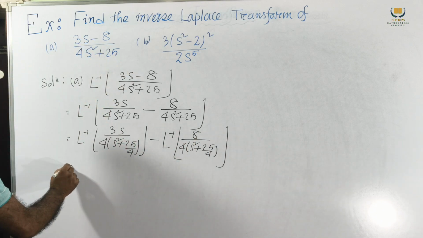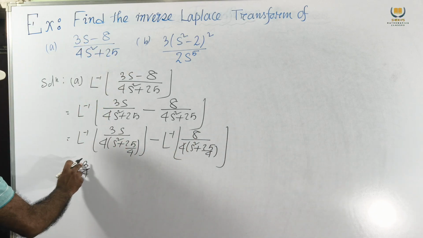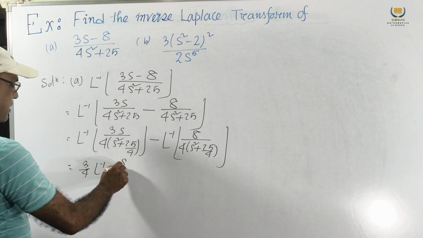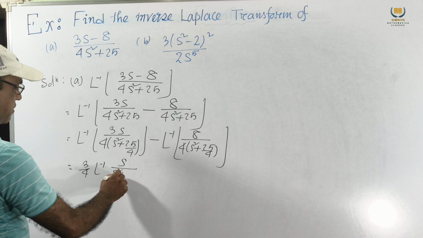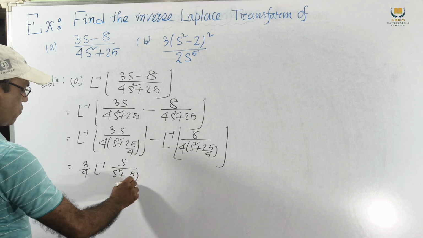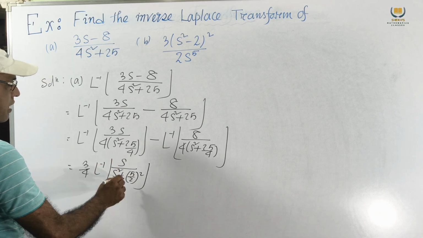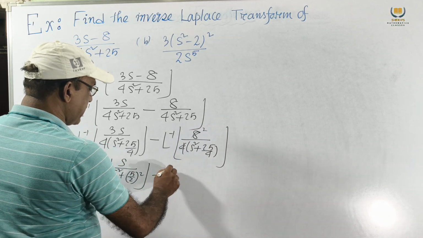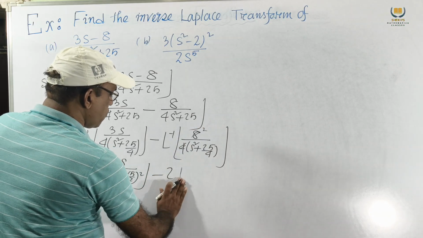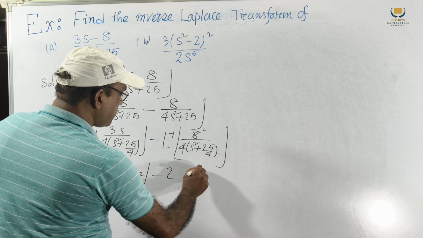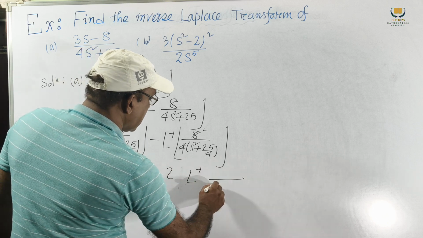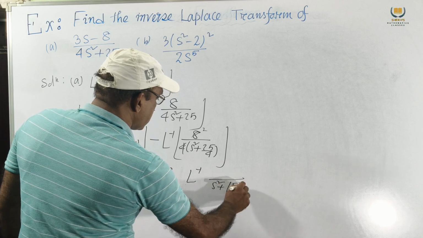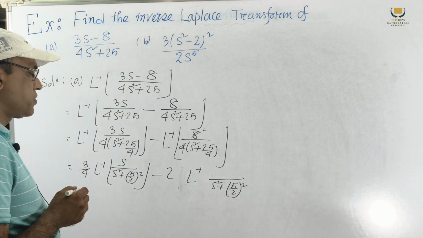Now 3 by 4 is a constant, it is outside: 3 by 4, L inverse s by s square plus 5 by 2 whole square. And in the other term we take 2 outside: L inverse of s square plus 5 by 2 whole square, since 25 by 4 means 5 by 2 whole square.